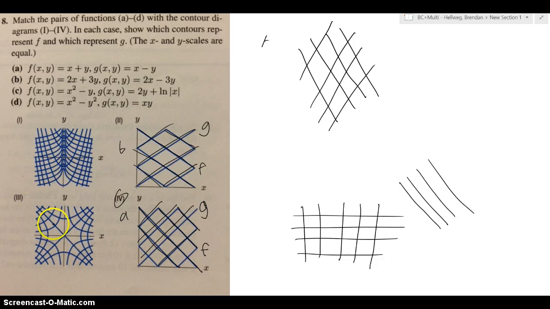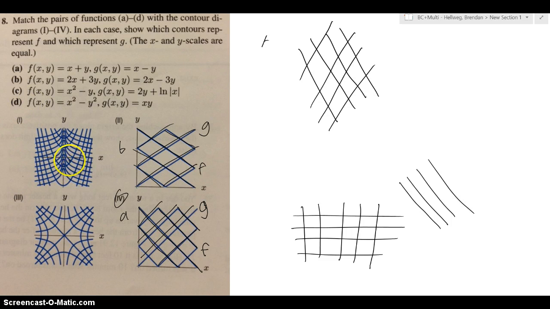Now, if we look at 3, we see absolutely no activity along the y-axis. It appears with the contour diagram that it's going to be remaining relatively the same value along that line. So that is going to rule out 3.